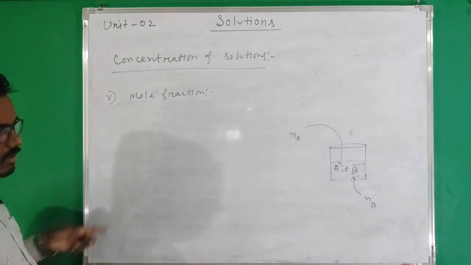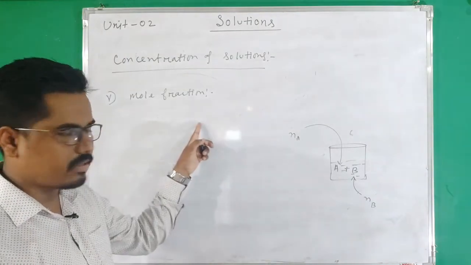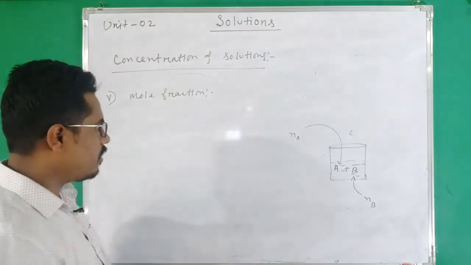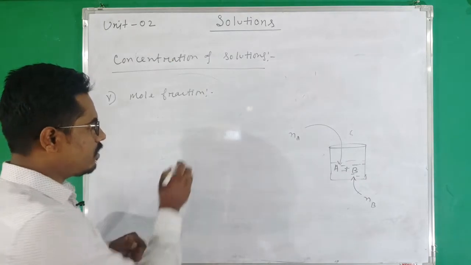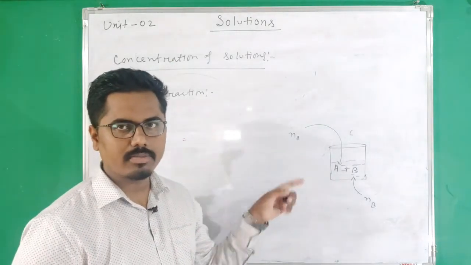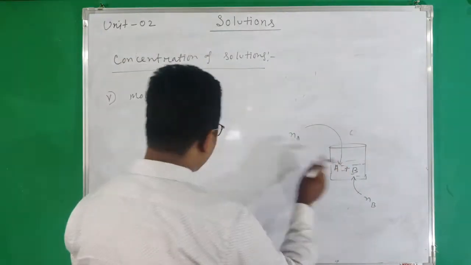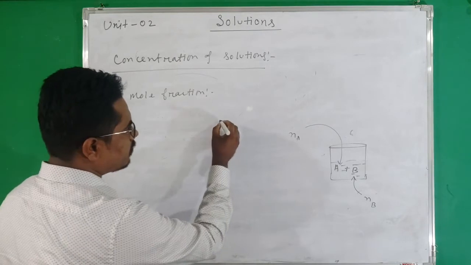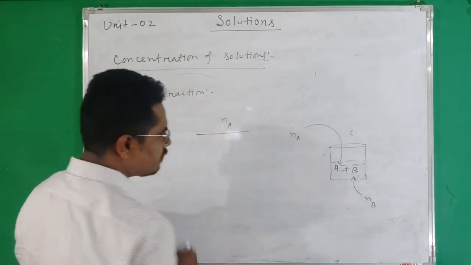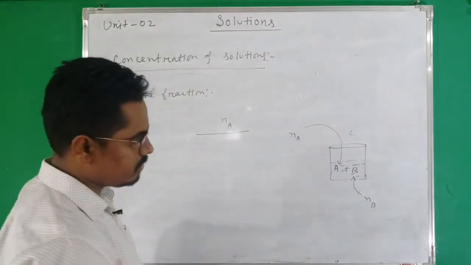Now mole fraction is the ratio between number of moles of that component. Suppose we have to calculate mole fraction of A, then mole fraction of A equals number of moles of that component whose mole fraction has to be calculated, divided by total number of moles of the solution.